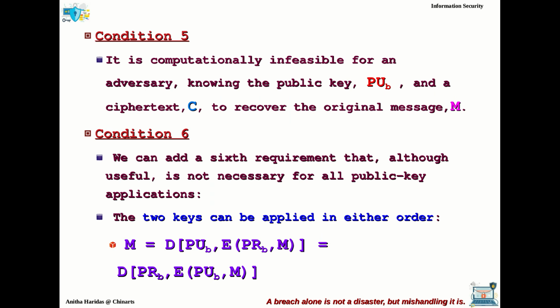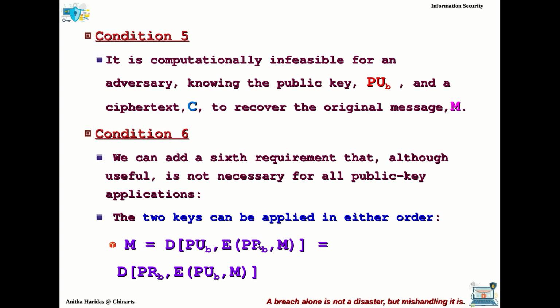Then the fifth condition says if you have both the public key and the ciphertext, it must not be possible to generate the original message, right? So even though you have the ciphertext and the public key, the original message should not be recovered, because the original message can be recovered only with the private key. Then the sixth requirement says the two keys can be applied in either order, right?